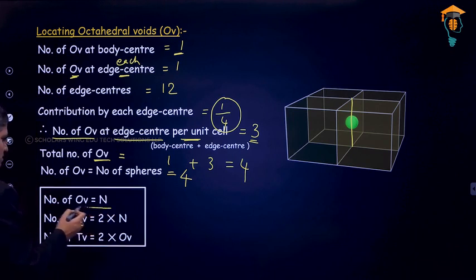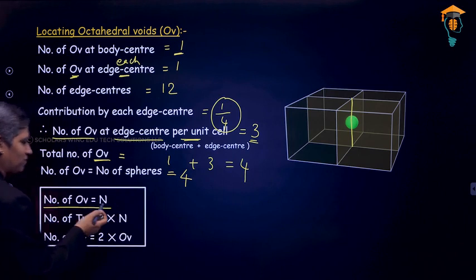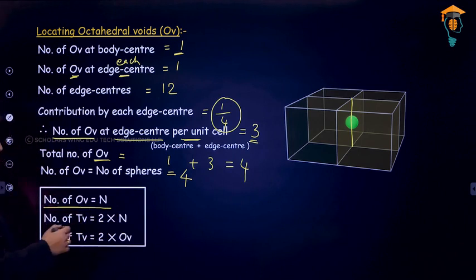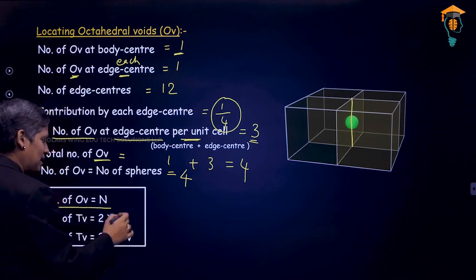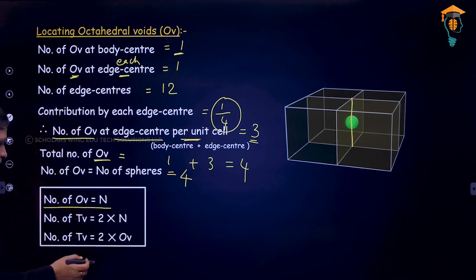Number of OVs is also equal to number of spheres, means we consider spheres to be n, isn't it? Therefore, number of OVs is n, and number of TV we already proved it is 2 times n. If number of TV is 2 times n and number of OVs is the same, in place of n we can put OV. That means number of TVs will be equal to twice the number of OVs.